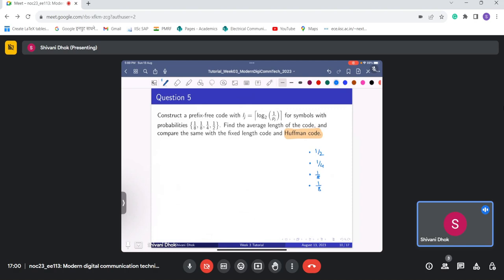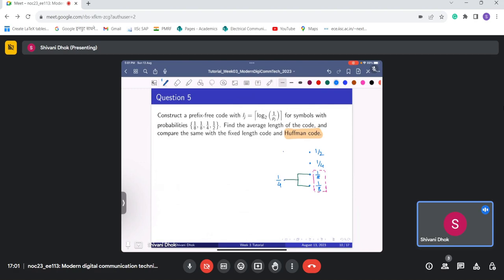And then what we need to do is, from this set we need to take the two least probabilities and combine them. So we need to combine the least two like this and form one symbol, and this symbol will be basically of probability 1 by 4. We need to add them, 1 by 8 plus 1 by 8, that is 1 by 4. So this is what we are having here.